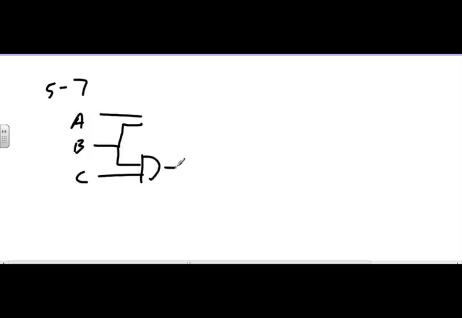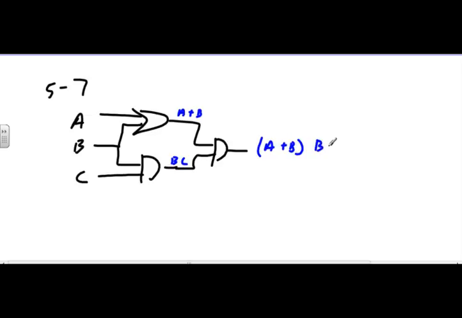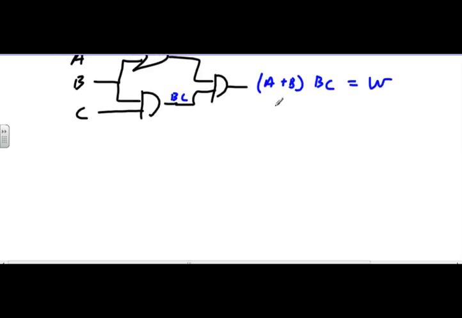I've got (A or B) and (B C), and I want to simplify this: (A or B)(B C) is W. So I'm going to say A B C or B B C is W. Now, all I've done is distribute it.